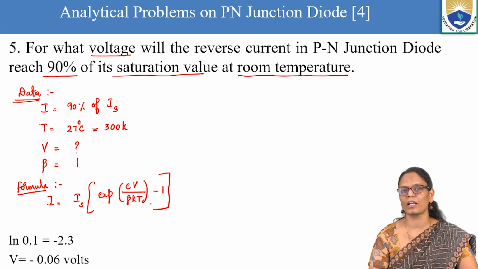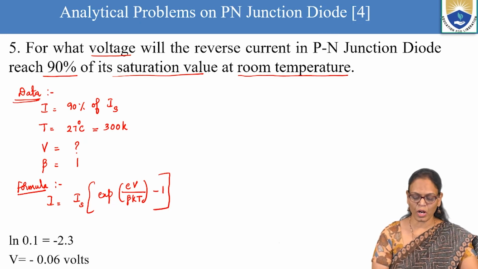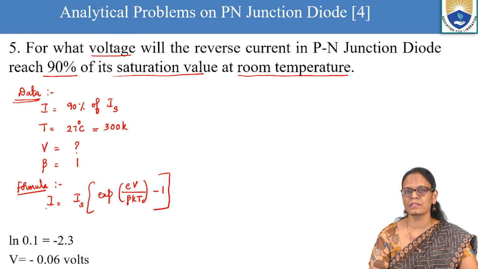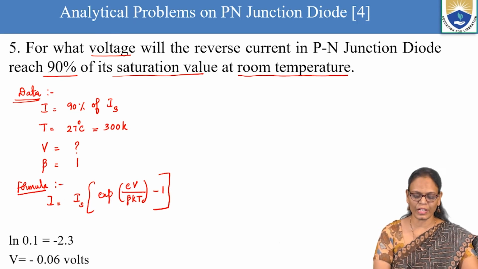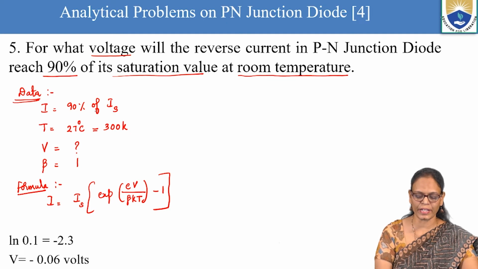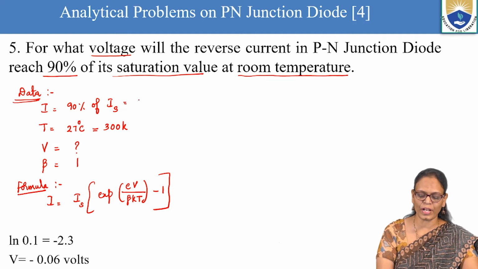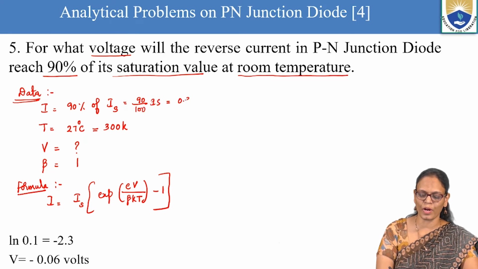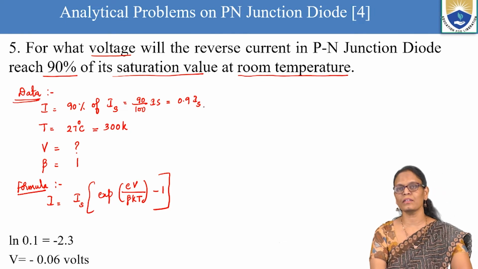So this is the formula we have. We are not given I and IS separately. We are given the relationship between I and IS. It is 90% of IS, which means I can write 90 by 100 IS, or this is nothing but 0.9 IS. I is equal to 0.9 IS.